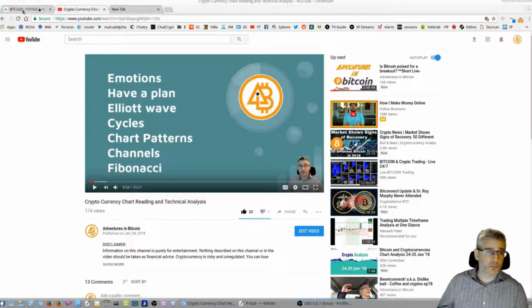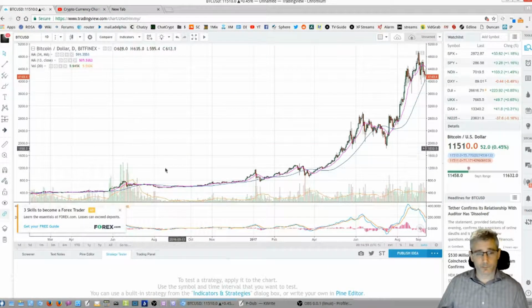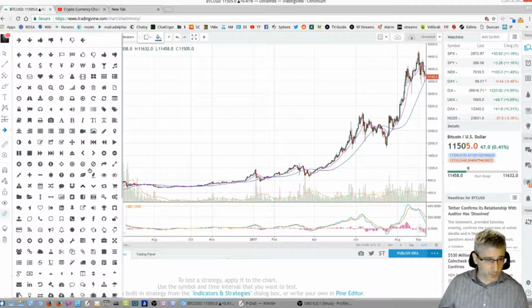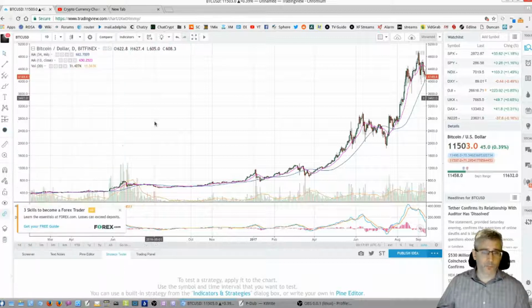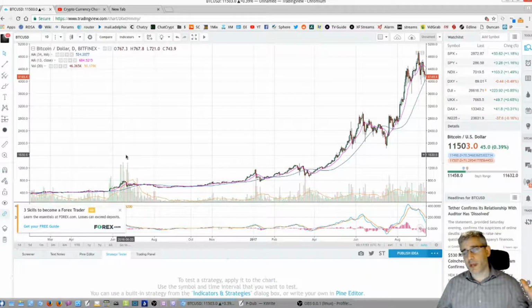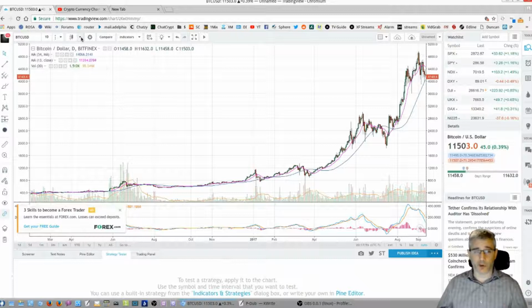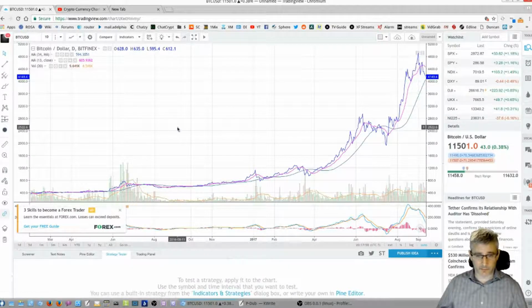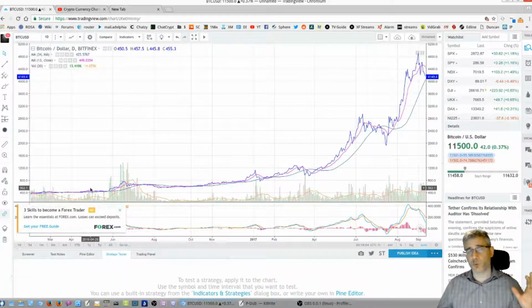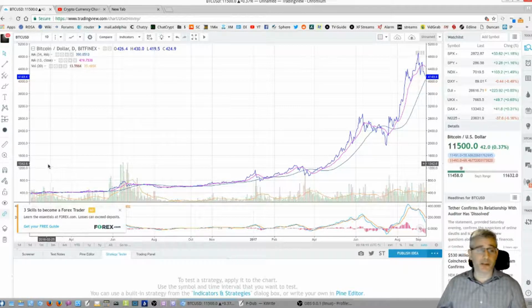So if we head over to TradingView, I'm just going to use this blank space here as sort of a drawing pad. We're going to plot a graph. Alright, so back before we had candlesticks, they had a line chart. And a line chart looks like this, basically. But what they had to work with back in the day, we're talking about your grandfather's day, they would plot a chart of a particular stock by its close.